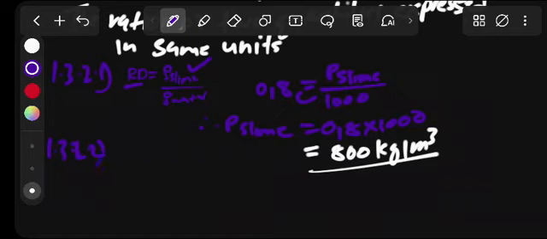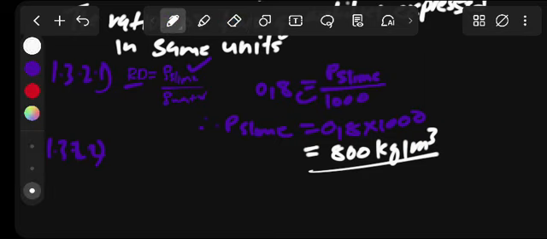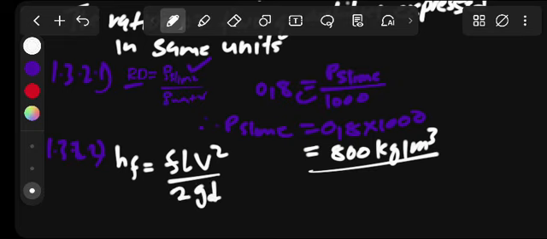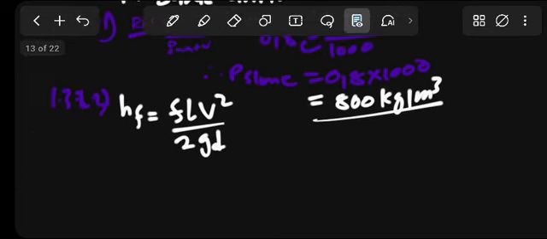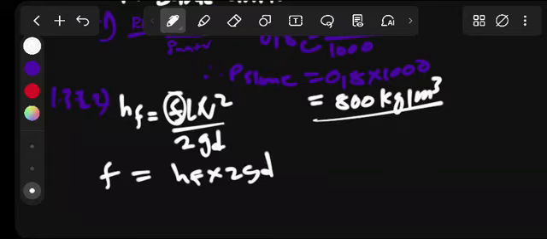We have hf equals f L v squared divided by 2gd. We make f the subject, so f equals hf multiplied by 2gd divided by L v squared.